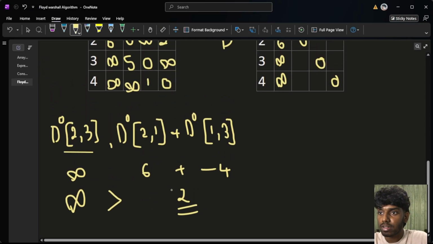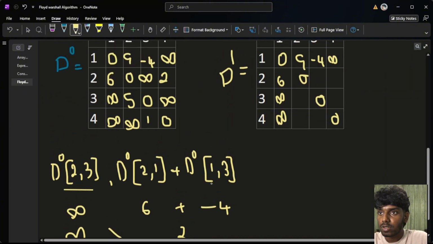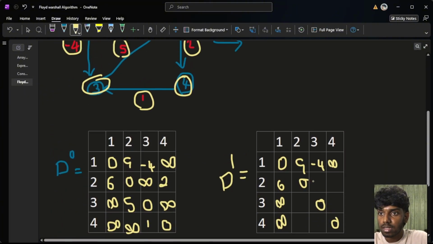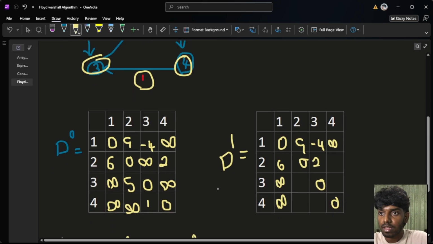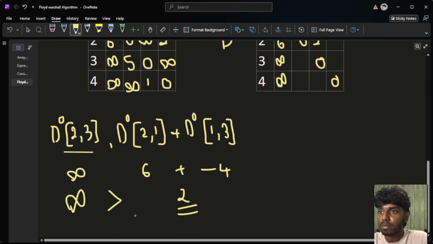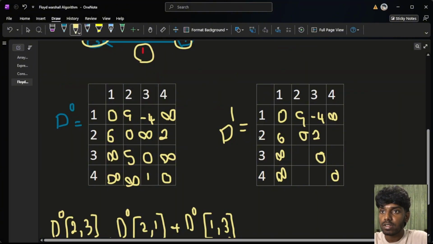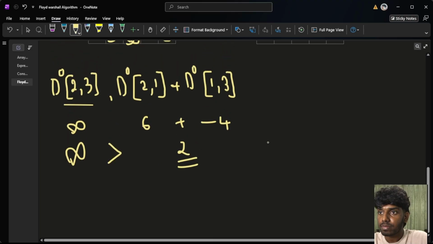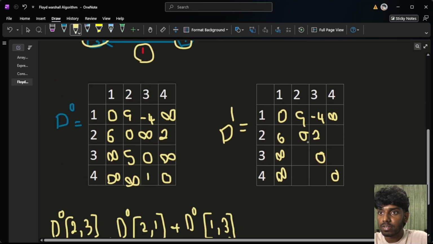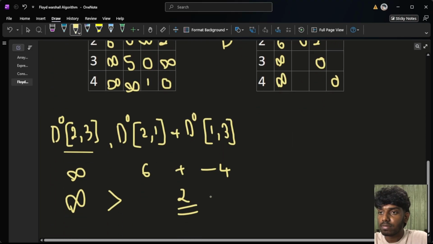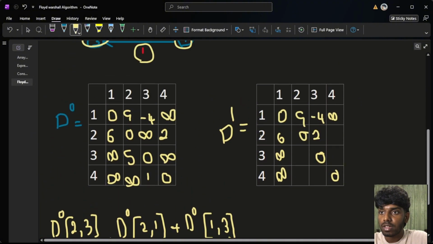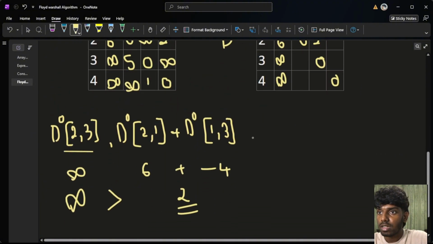Therefore we are going to take 2 for this particular column. So this is the formula to find the distance 2 to 3. Likewise we are going to use the same formula for 2 to 4. Let's look at it.